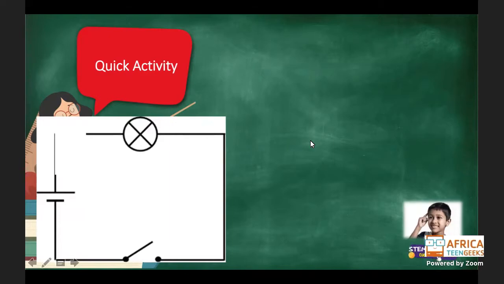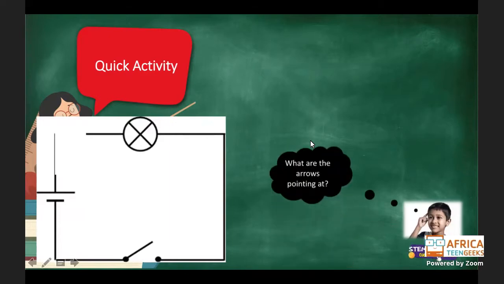Let's think about it. What are the arrows pointing at? What does this red arrow point at? Can you type in your chat box? Is it pointing at the lines or is it pointing at something else? Can you give me your answers in your chat box?